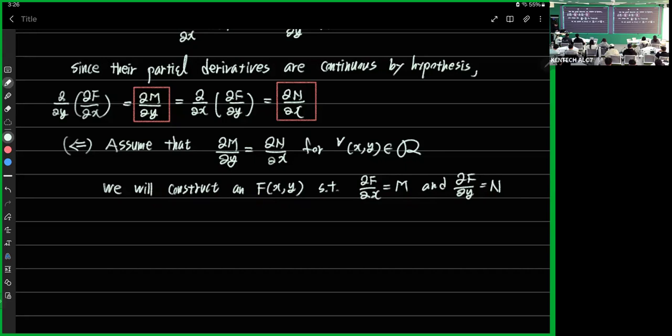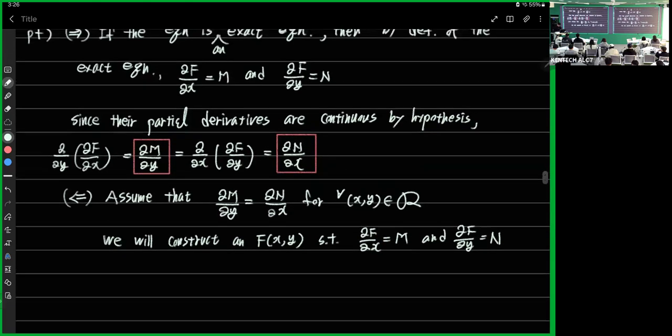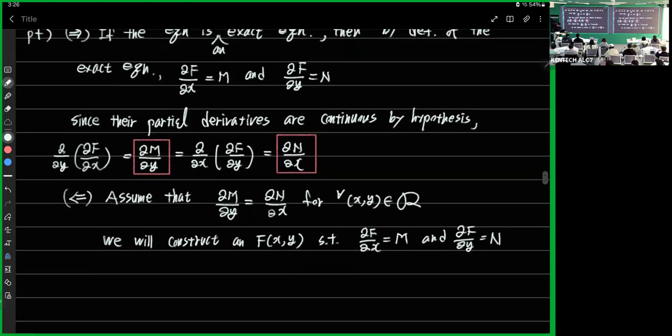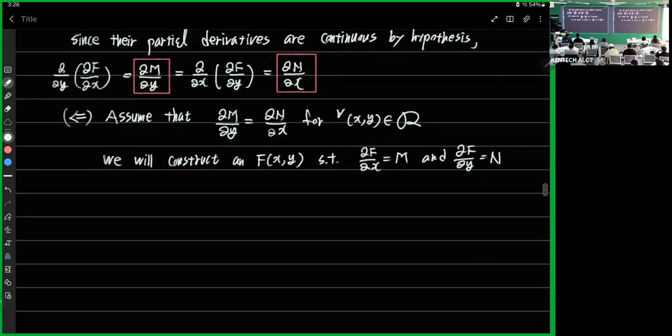Okay, so if we can construct the f such that this holds, then what? The differential equation must be an exact differential equation, right? Okay, so I'm gonna prove it this way.